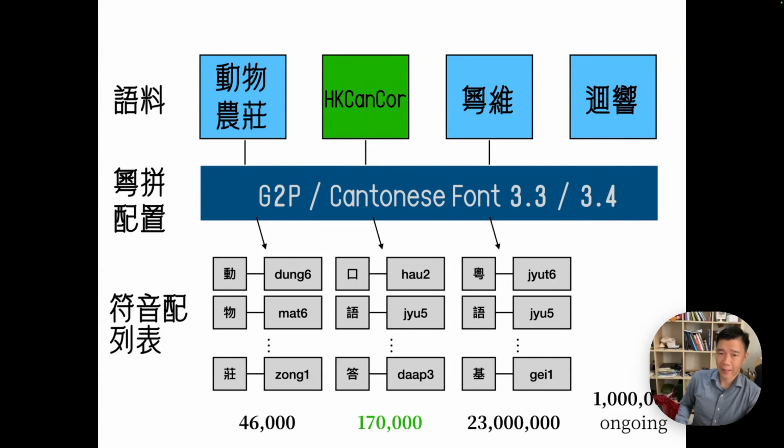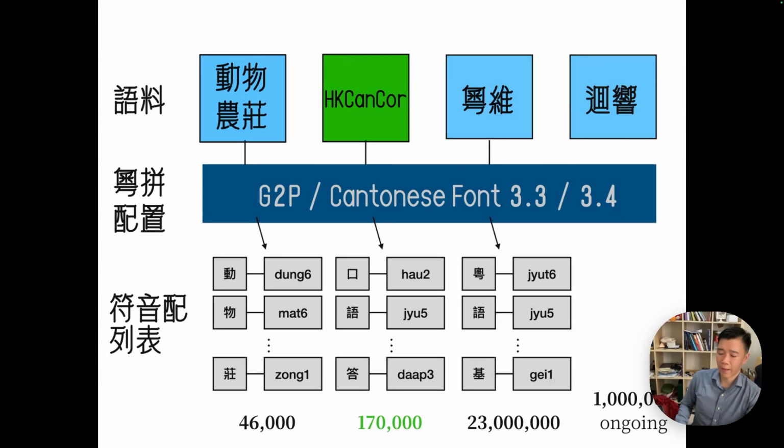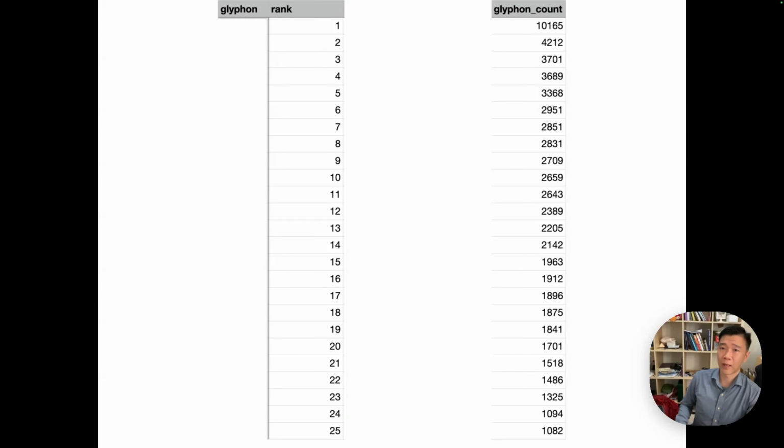If we look at HK Cancore, the oral transcript, as an example, we count 170,000 glyphons, then we can say, okay, the first ranked glyphon, the one that is used most frequently, shows up 10,000 times. It's quite interesting. Every 17 characters, we say this character once. The frequency might be a bit surprising to you.